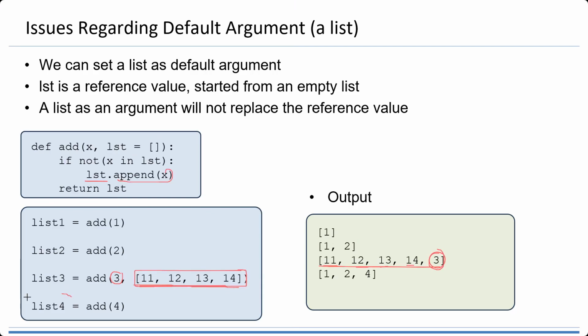Now we have another list, list4. It is just adding the value 4. Now, what is the result? Originally, this list is empty, but it becomes the reference.